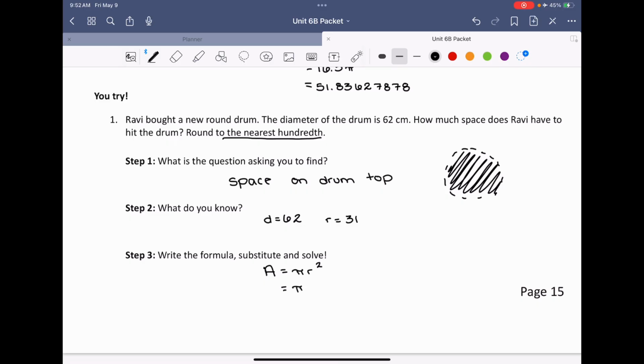Plugging in r, so pi times 31 squared. 961 times pi, and remember rounding to the nearest hundredth. So approximately 3019.074, which when we round should be approximately 3019.1. And this is in centimeters squared.